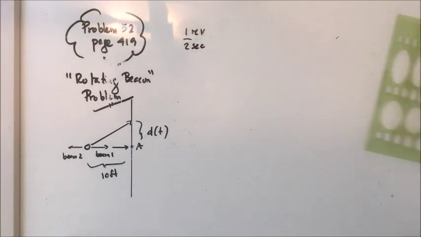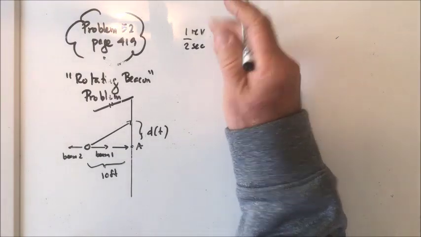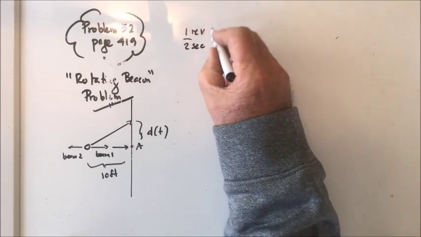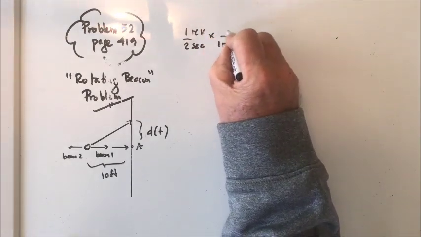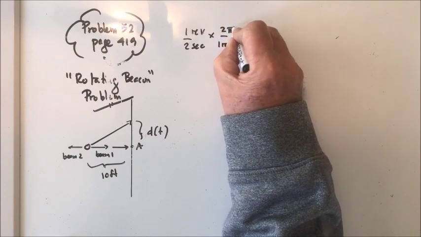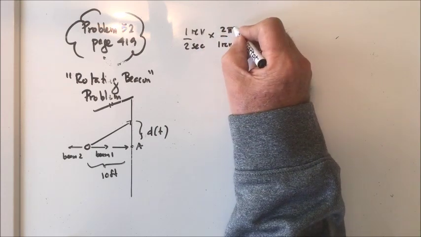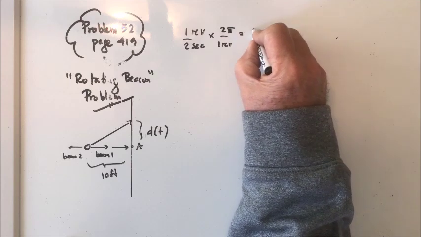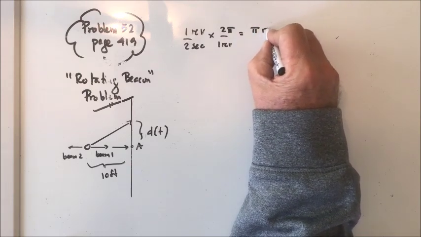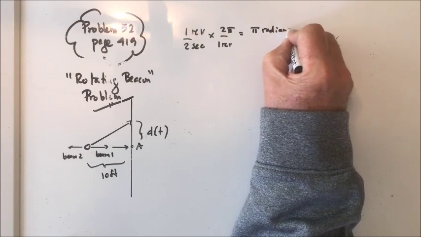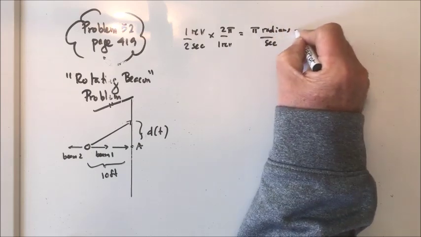Well, we've done that before. This is an angular speed, radians per second. But let's get it into radians per second, and let's do that by saying, well, 1 revolution is 2 pi radians. And there you can see that the angular speed, we're going to call it omega, is pi radians per second. That's omega.